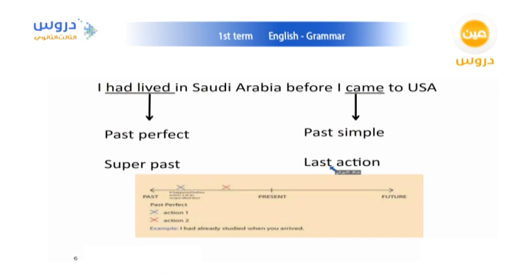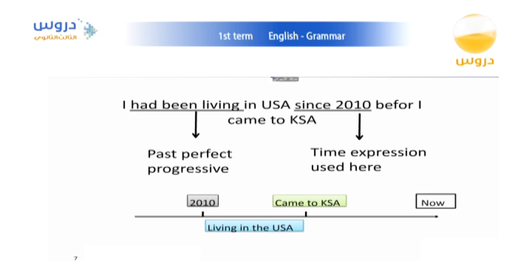It's the past simple. This is the last action. So as we said, two events or actions, but the past perfect happens first. I had lived in Saudi Arabia before I came to United States.